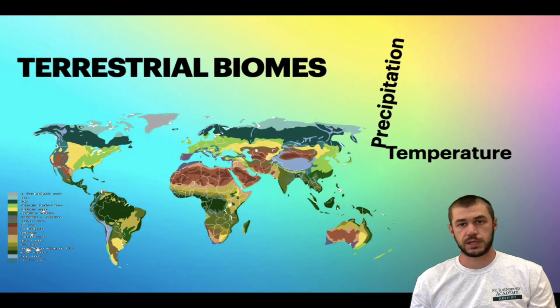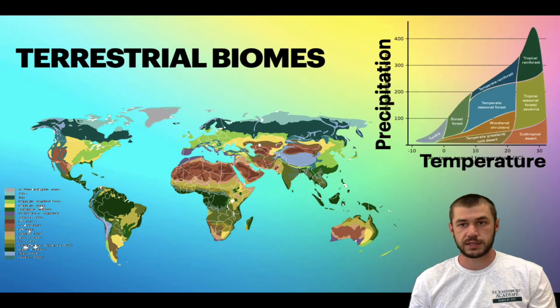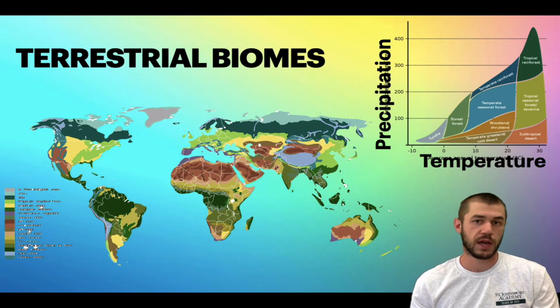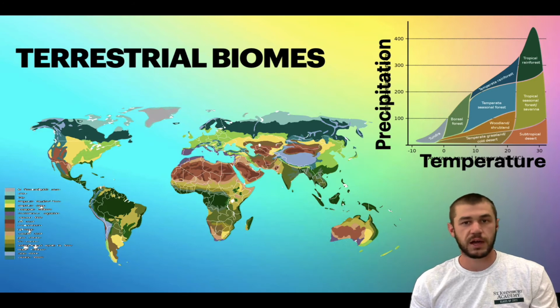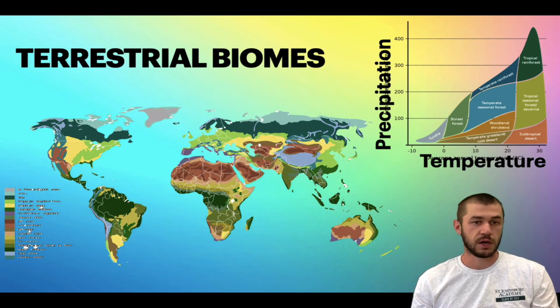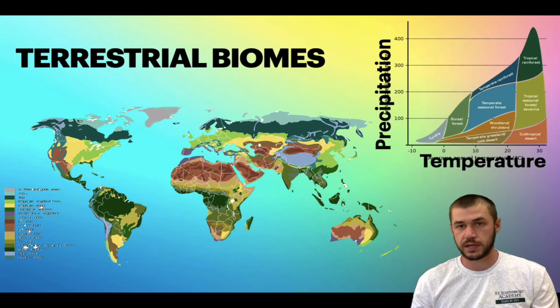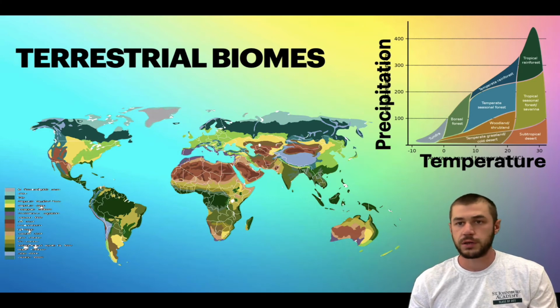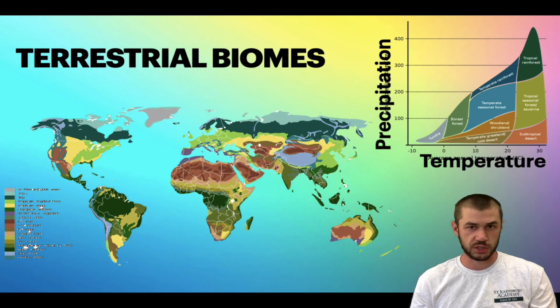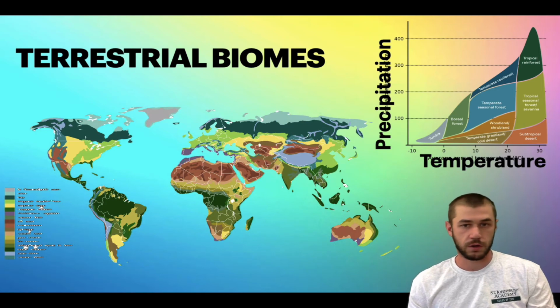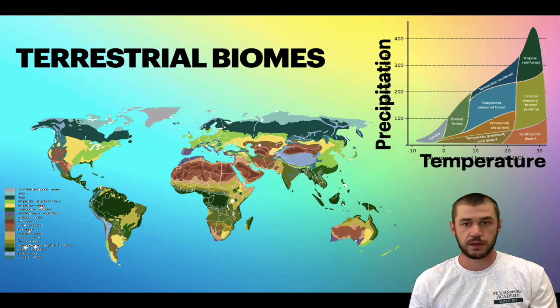So if we put these on the x and y axis of a graph, we could take an average temperature and average precipitation for any location on land on the globe and get a pretty good idea of which biome would exist there. And this is just a map of all the different biomes and their locations on the Earth.